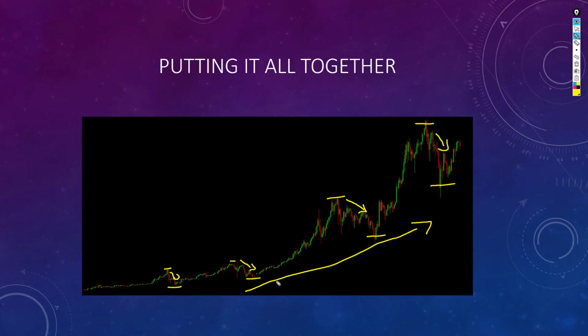If you're trading on a much longer time frame, this trend is up. If you're trading on a shorter time frame, you need to understand that there are going to be these small movements, micro trends, that occur in the market.